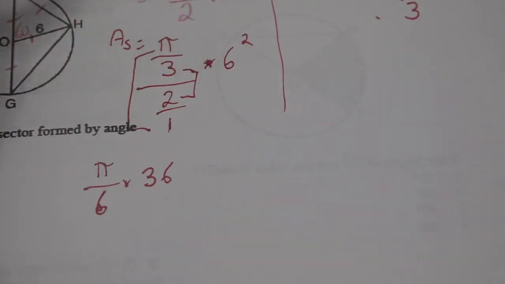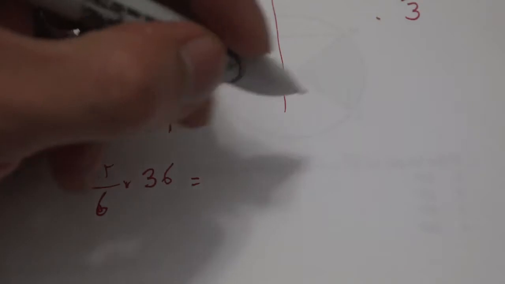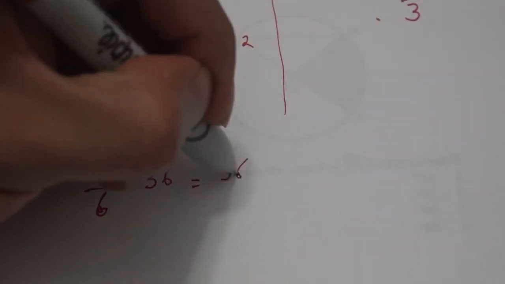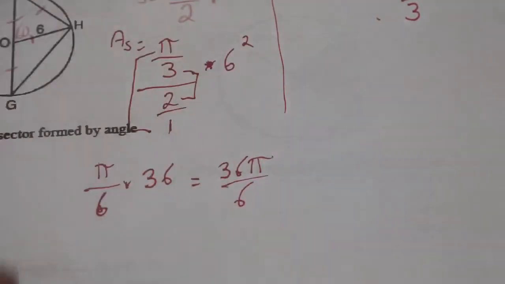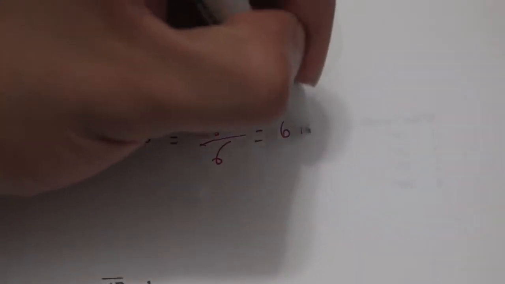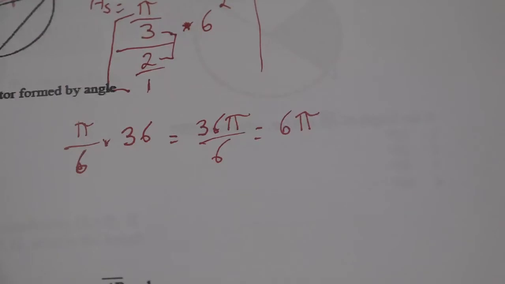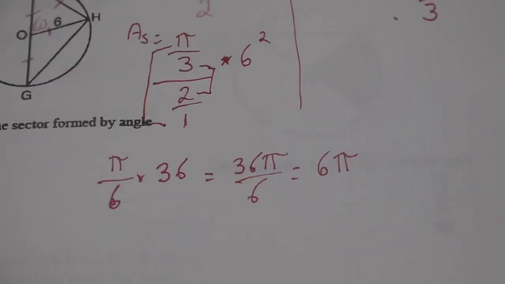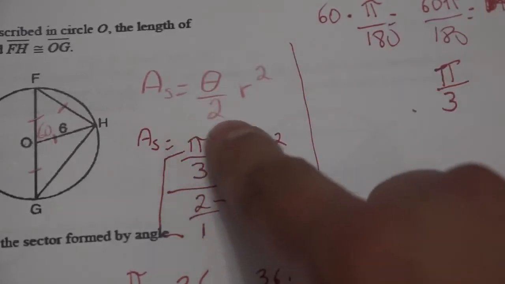Now when I multiply this, what do I get? I get 36 pi over 6. And when I simplify, 36 divided by 6 is 6. So this becomes 6 pi. So what is it that you have to remember? The formula to find the area of a sector.